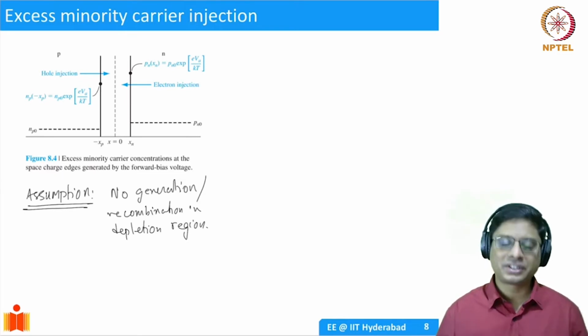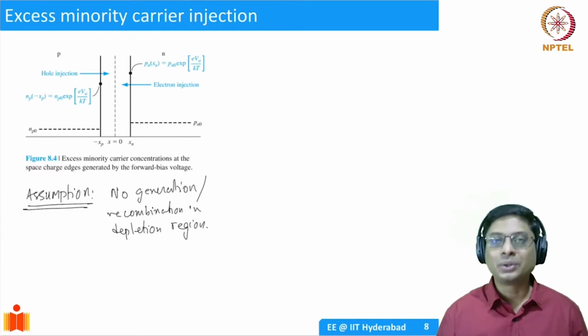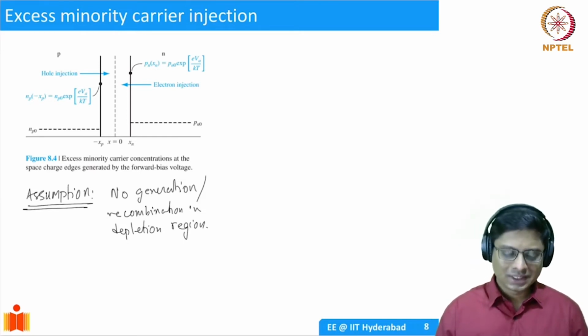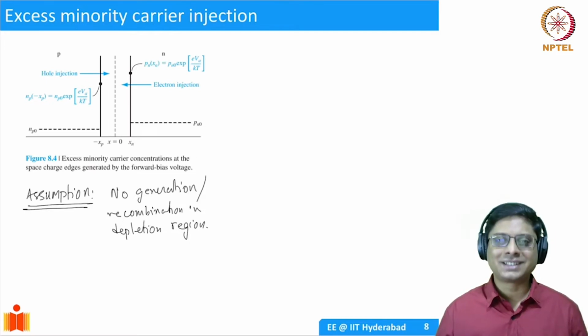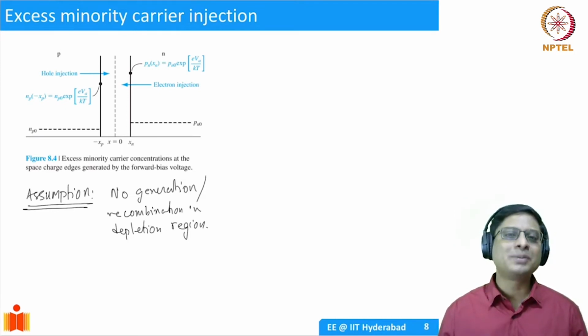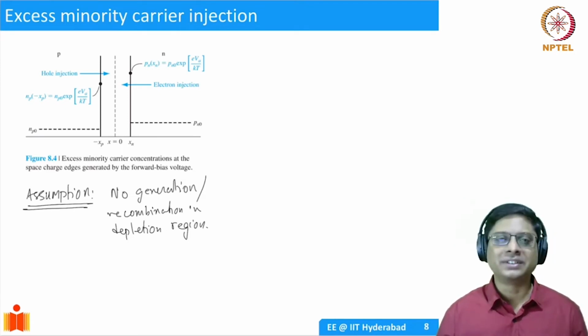So there is going to be some generation of electron hole pairs. That is going to influence your current slightly. But for now we are neglecting it. The reason is it makes our mathematics simpler for now, and in the end, we'll show you the effect of violating this assumption. It's not going to be that significant.